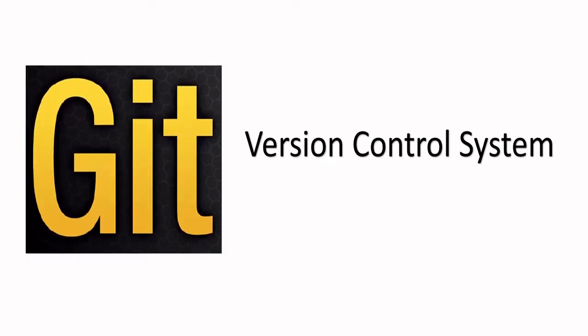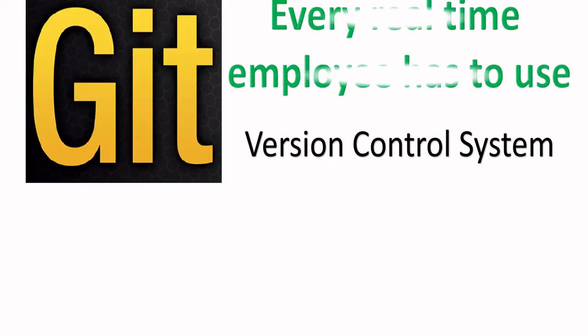Out of 100 companies, 99 are using Git. Every real-time employee has to use this, whether he is a developer, automation engineer, or data engineer. If he is involved in coding activities, then he must be aware of Git and is using it nowadays.